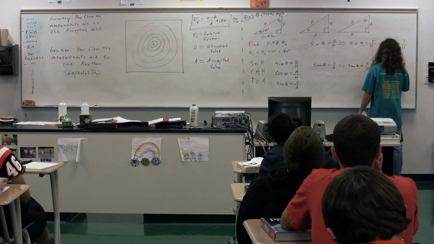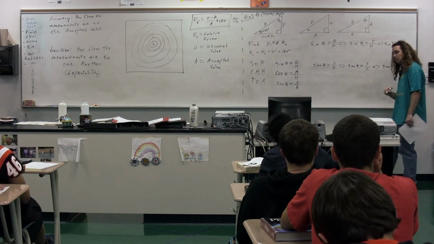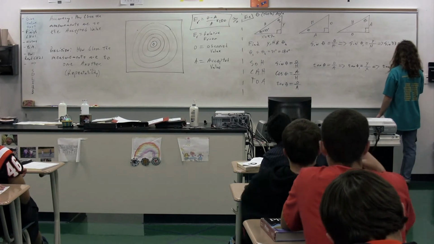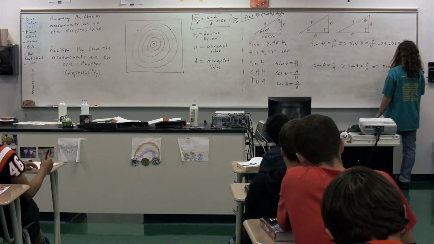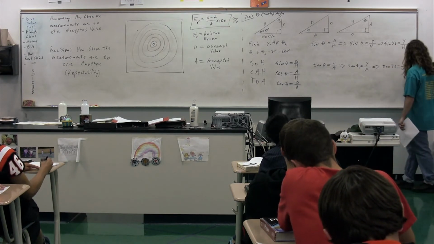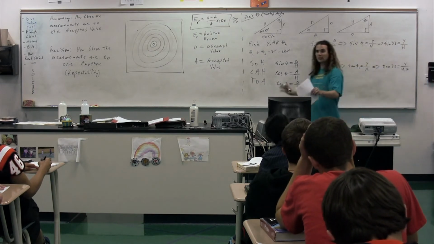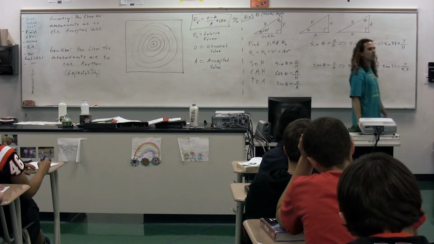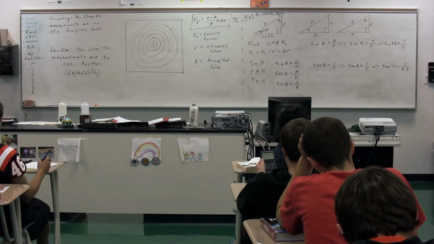Tangent of theta 1, tangent of 33 equals y over 4.7. Okay, so now we have one equation with one unknown. We can solve this. How are we going to solve tangent of 33 equals y over 4.7 for y?